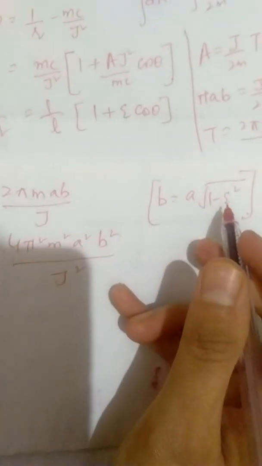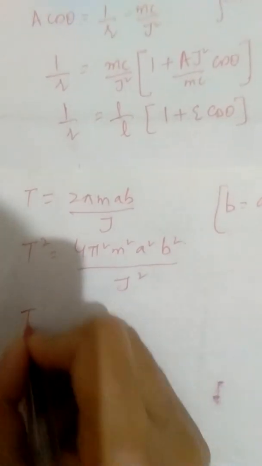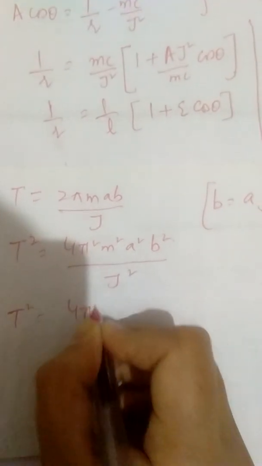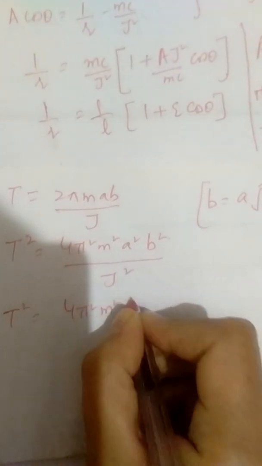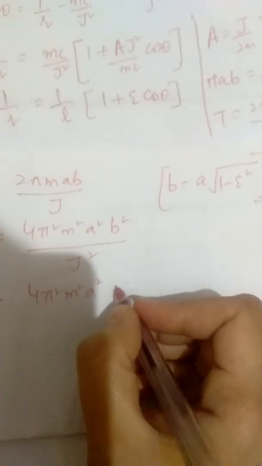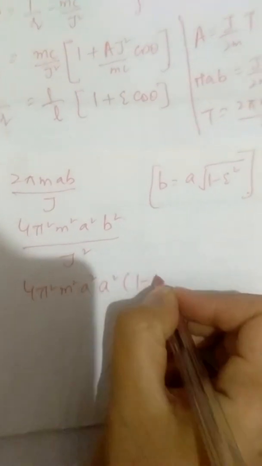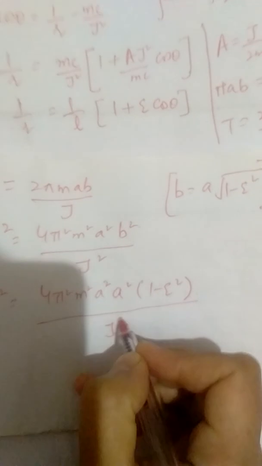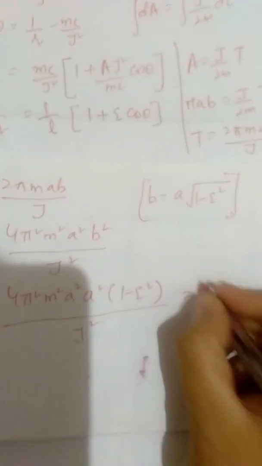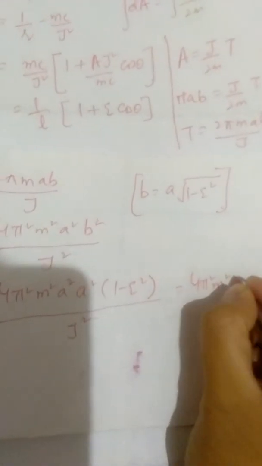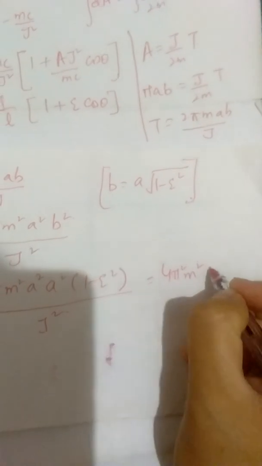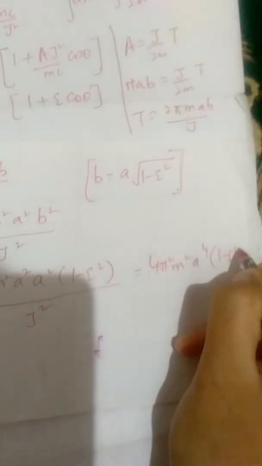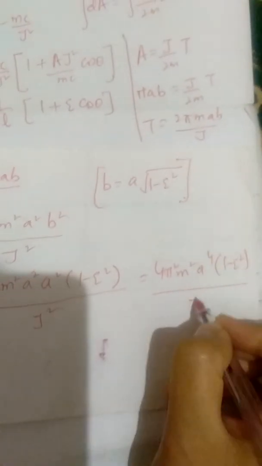Now for this b, we will substitute this in the equation, so T² = 4π²m²a²·a²(1 − ε²)/J², which is equal to 4π²m²a⁴(1 − ε²)/J².